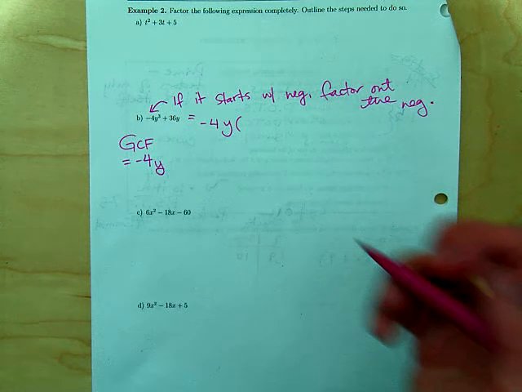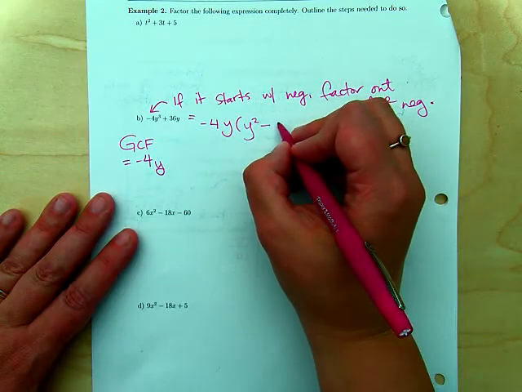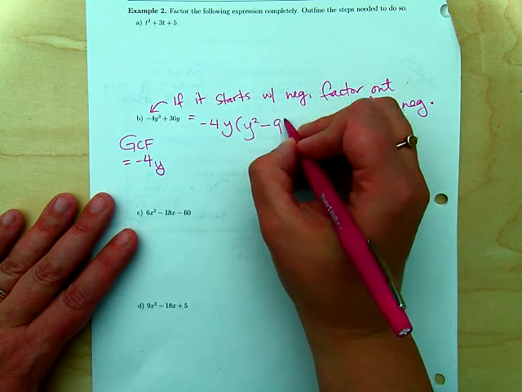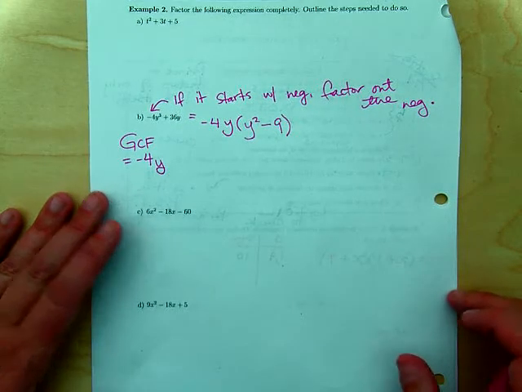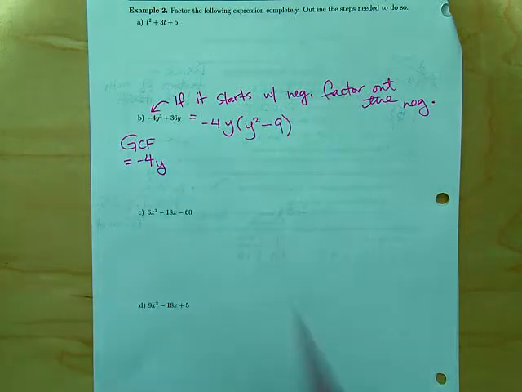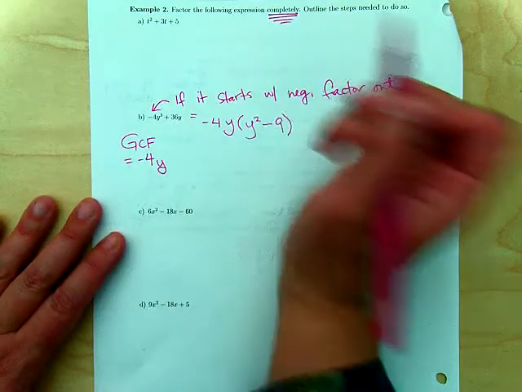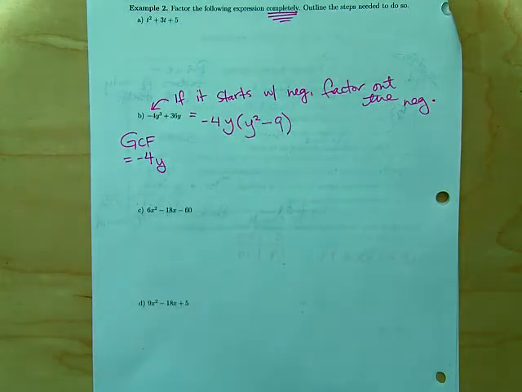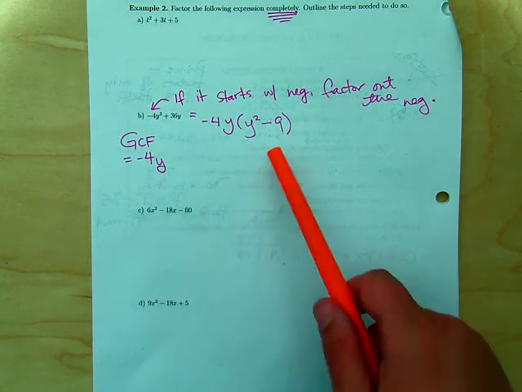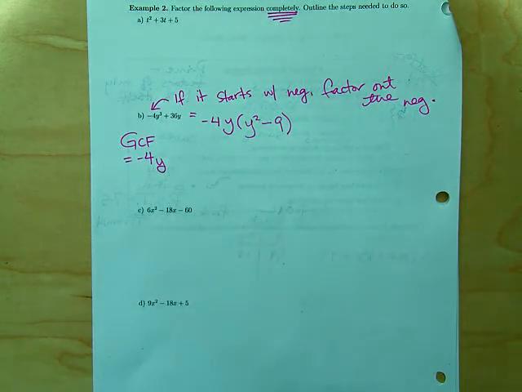Y squared minus 9. Okay. Now remember, we always want to factor completely. That means that if we factor out a GCF, we can look at what's left and decide, is it factorable or not? Why would you say it's factorable? Oh, what does it look like?